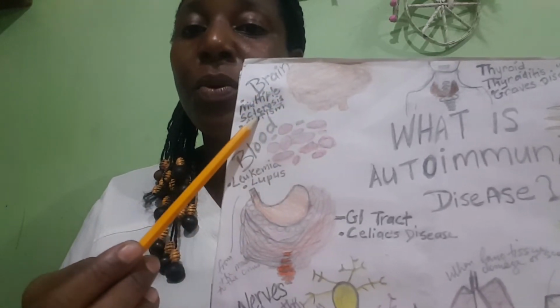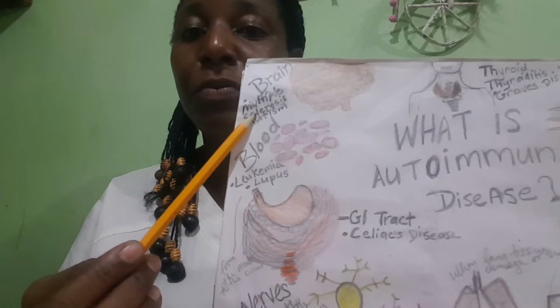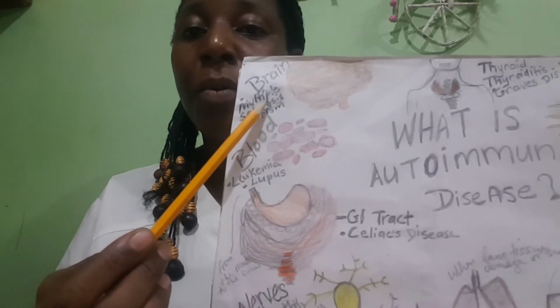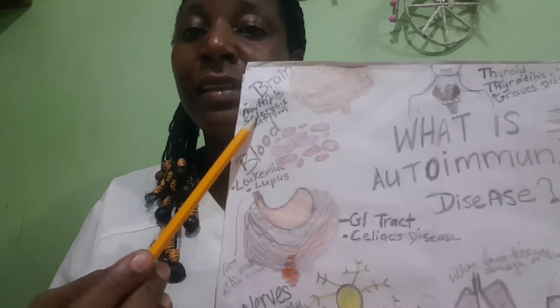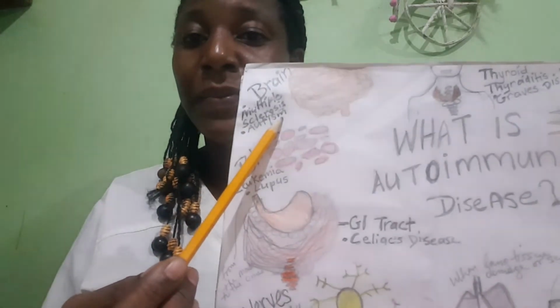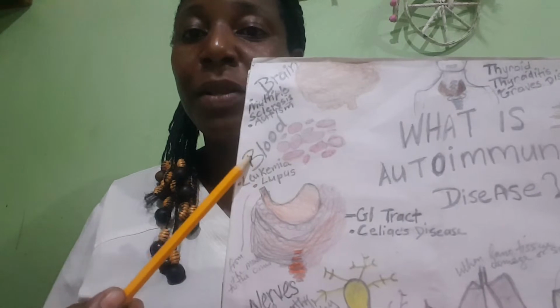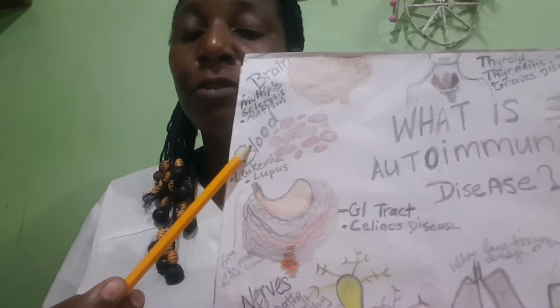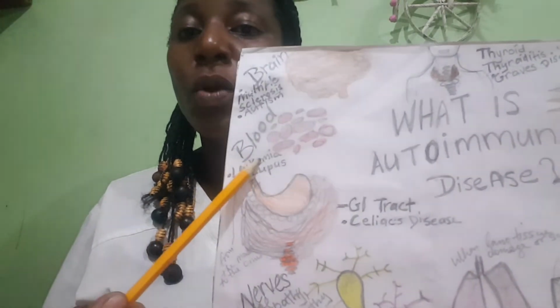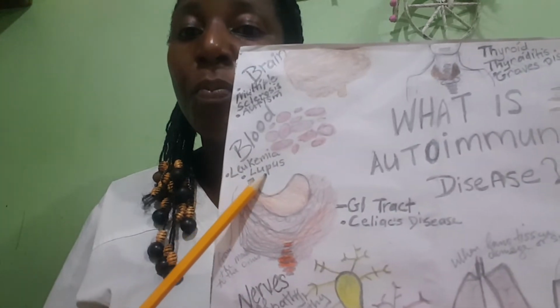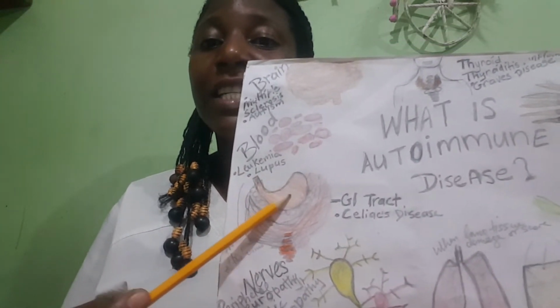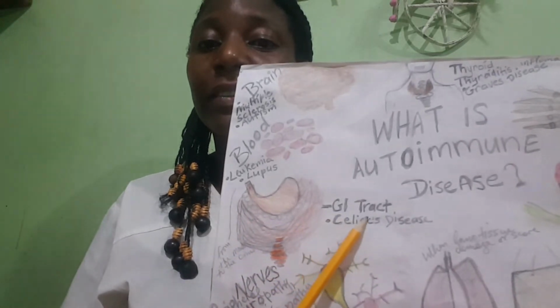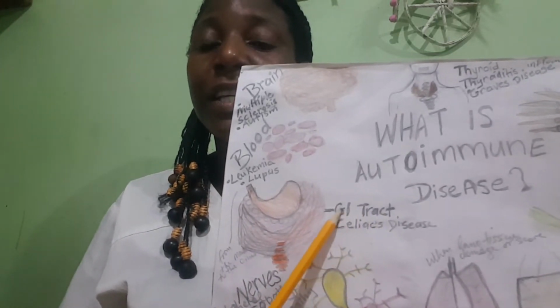There are 2 examples of autoimmune disease here: multiple sclerosis and autism. Below you have the blood. Now we have 2 diseases here: leukemia and lupus, right? Below again we have the GI tract.